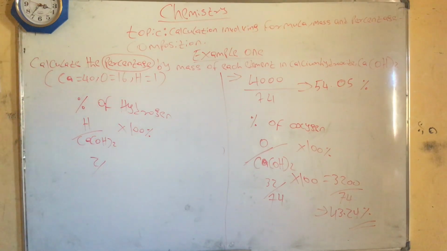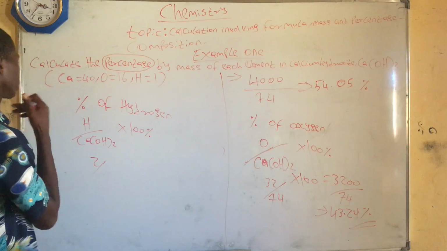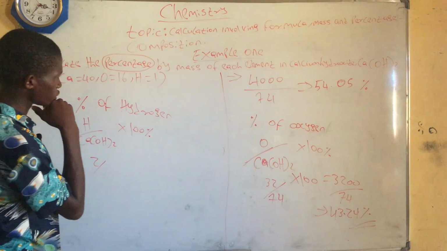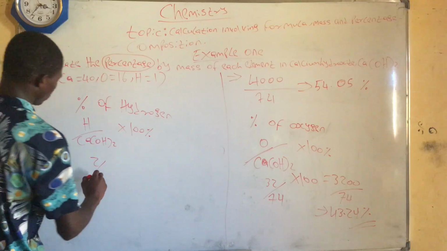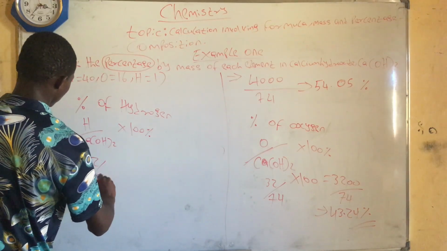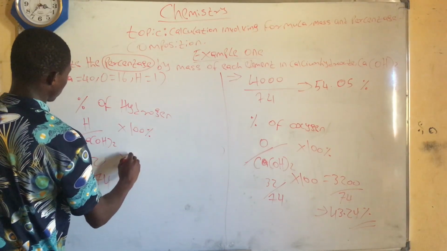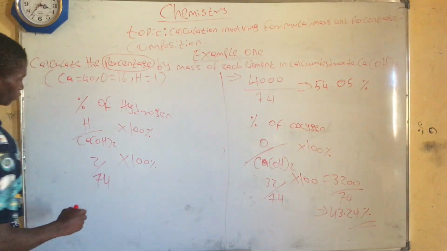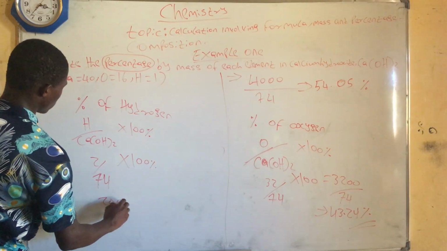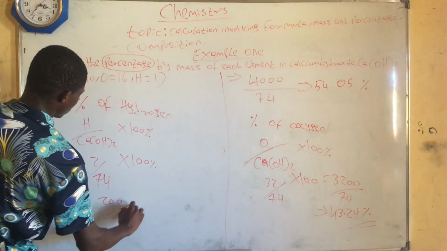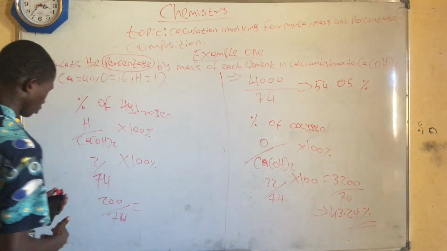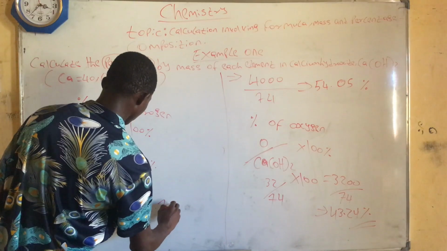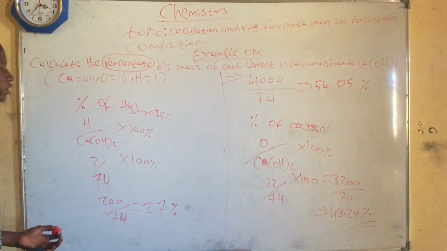The mass number of hydrogen is 1, but here it is 2 because the hydroxide carries 2, so 2 times 1 is 2. So 2 over 74 times 100% is 200 over 74, which gives 2.7%. This is the final answer.